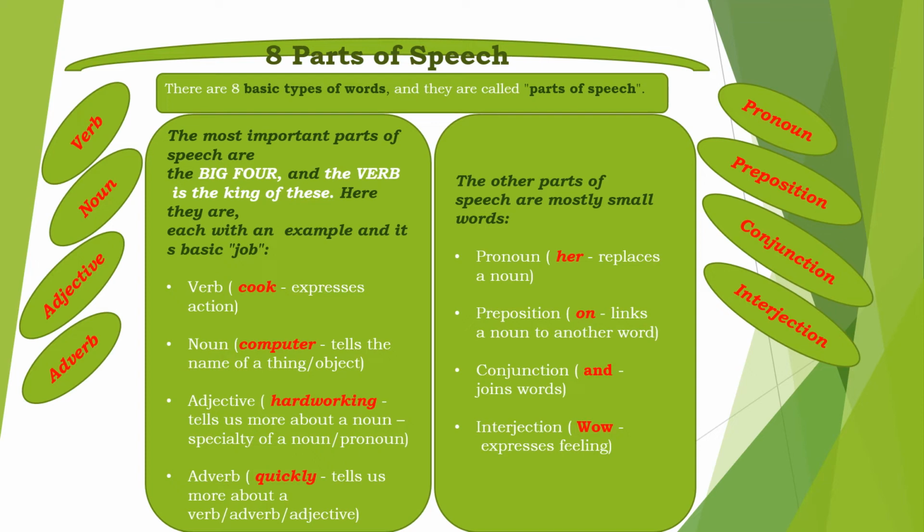The first one is pronoun, her. So basically, pronoun is a replacement of a noun. It replaces a noun in a sentence. For example, Maria is my best friend. I love Maria's company. So if I have to talk about Maria, my friend, in every single sentence I should not mention her name.